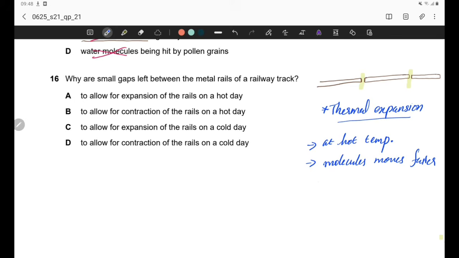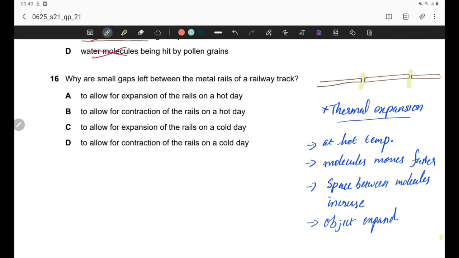When the molecules move faster, the space between the molecules increases. So when the space between the molecules increases, definitely that object or material will expand. So this is what is called thermal expansion.